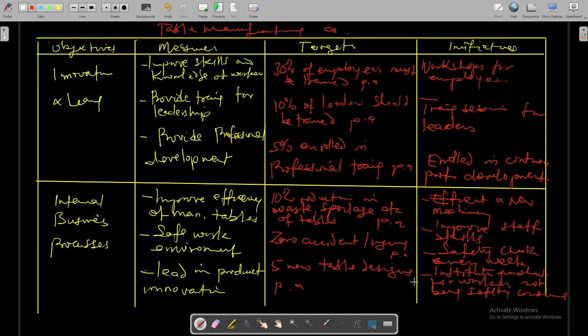Then the last one is 5 new table designs per annum. So what measure can we, so here our measure is we can brainstorm new designs every week.